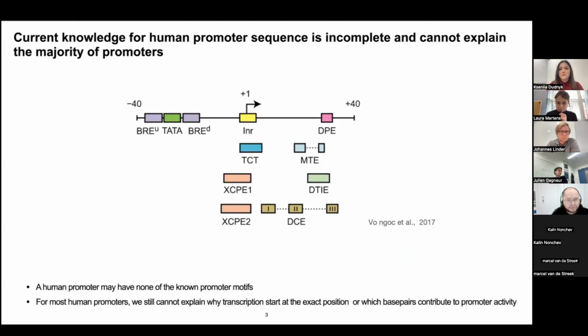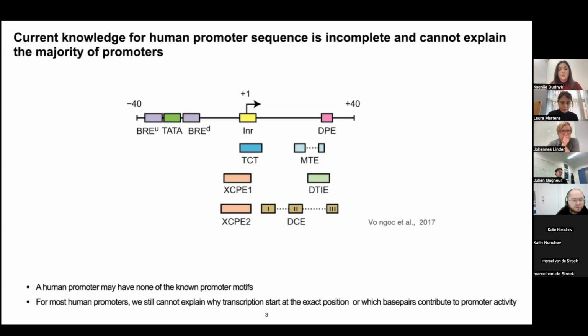Over the last few decades, there was a lot of great research done on promoters. We know that there are several promoter elements, motifs that were identified across several species, but human promoters often don't have any of those motifs. We also know there are transcription factor binding motifs that appear near the promoter, but we don't know how all these sequences, all these motifs, work together to define that transcription initiation starts here.